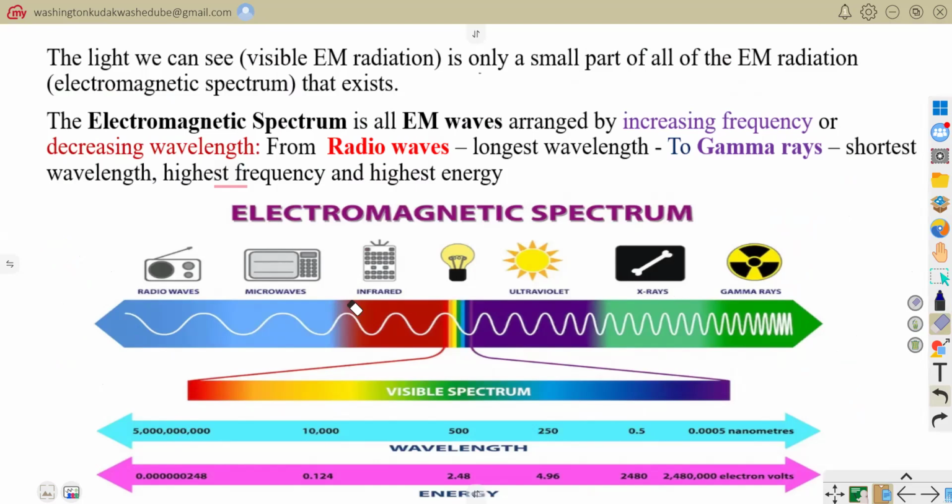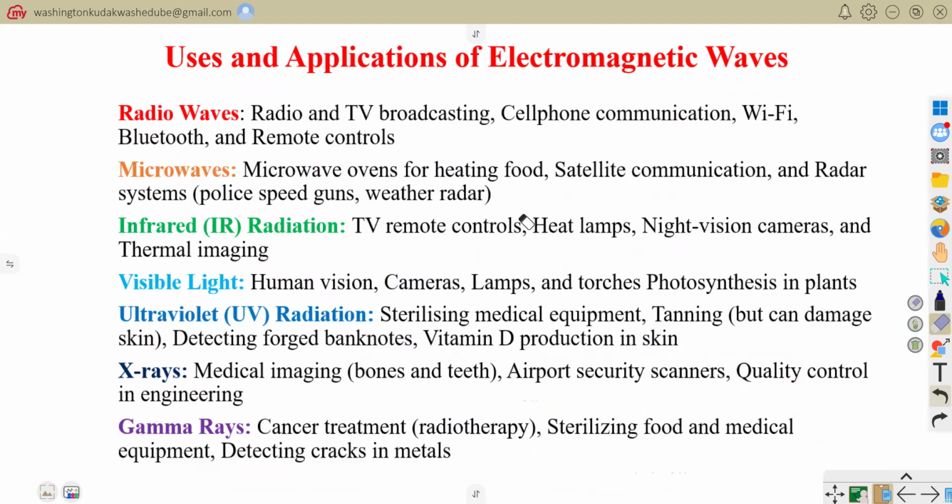We need to be able to understand, explain, and arrange these according to their increase in frequency and decrease in wavelength. After we know that, we need to know what the applications and uses of electromagnetic waves are in our daily lives.